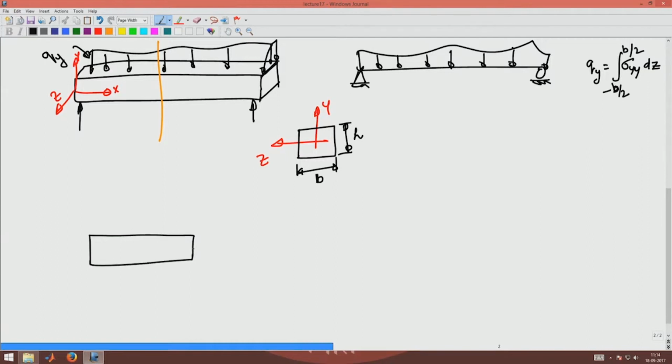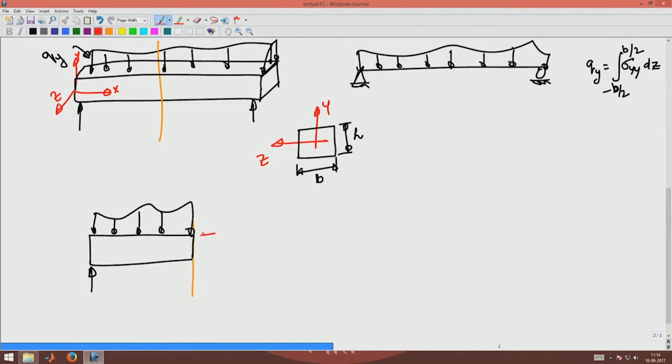So, let me take a plane section subjected to some arbitrary loading like that, and here at this cut surface the traction will act not necessarily parallel or perpendicular to the plane, but it can have an inclination.